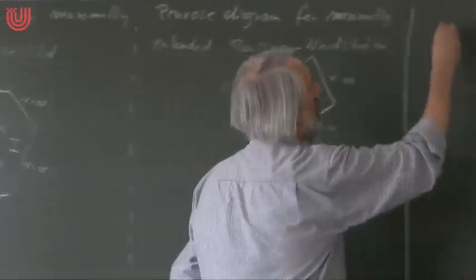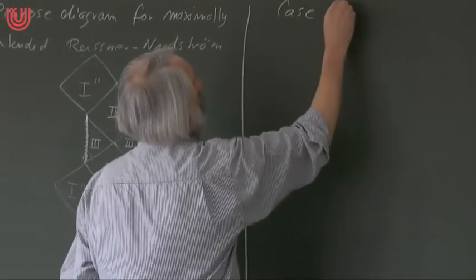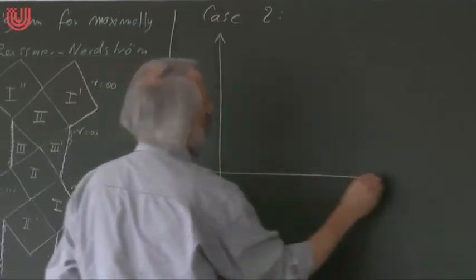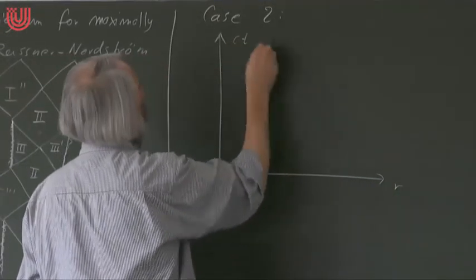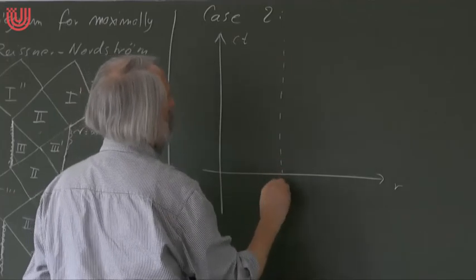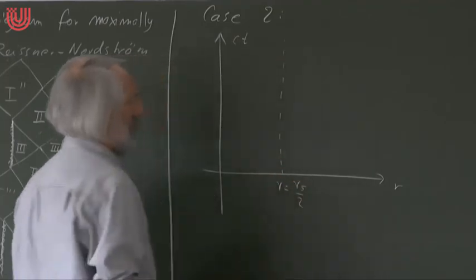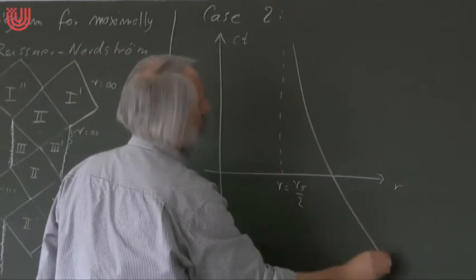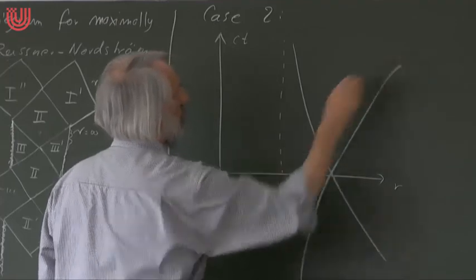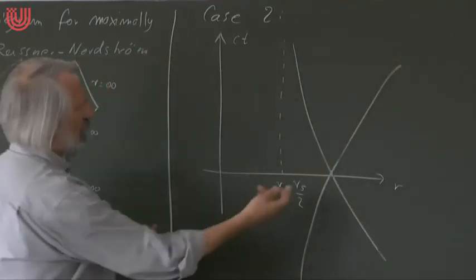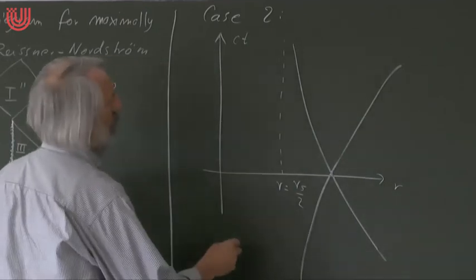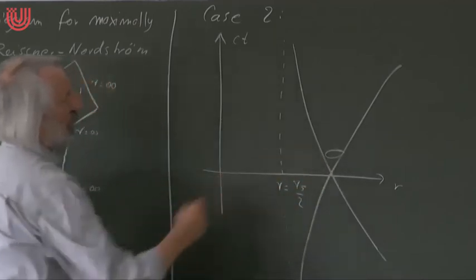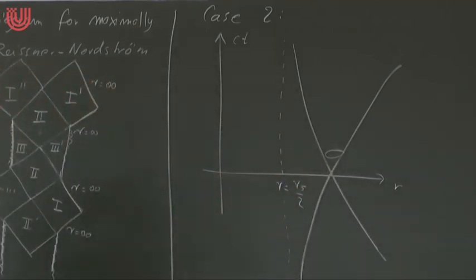But let me just draw the case 2. Let me draw the Eddington-Finkelstein diagram to begin with. Then I have here r equal to half, right? In this case we have this double horizon, and outside we have the same situation which we are used to from Schwarzschild. But now inside we have the region where the light cones are still oriented like in the outside region.